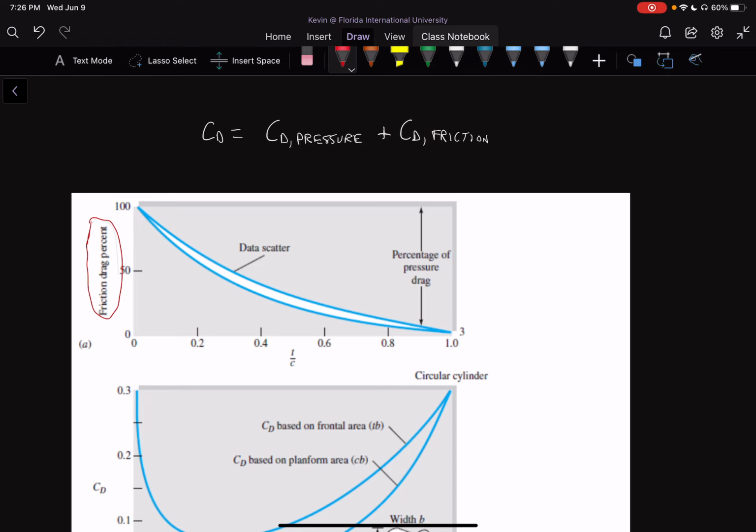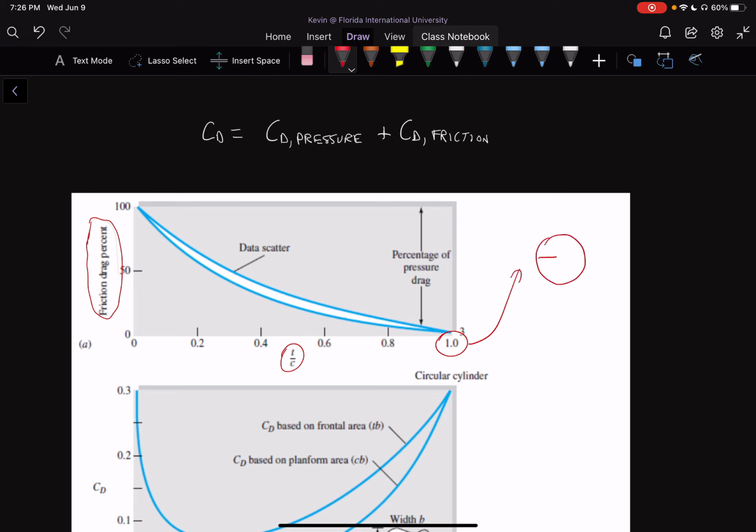And on the bottom, we have a term called T over C. And T over C, as you can see in the description, is essentially the thickness over the chord length. Okay, so if we have a T over C of 1, we essentially have the following body.